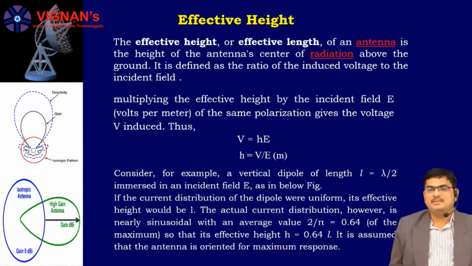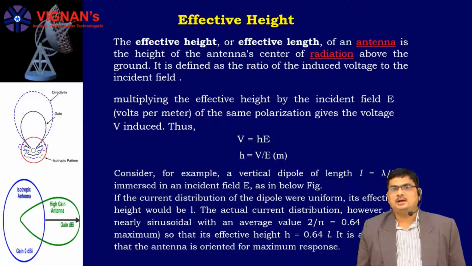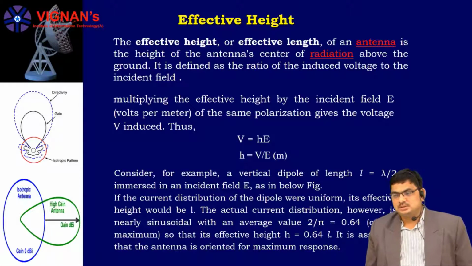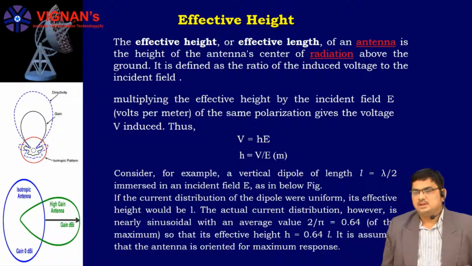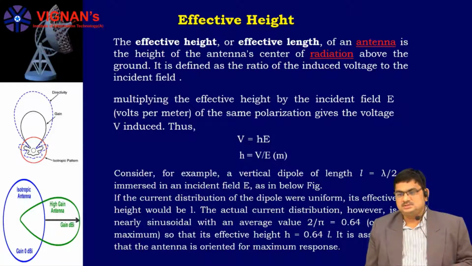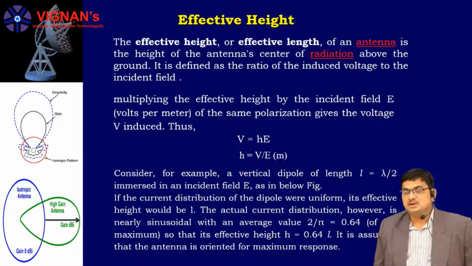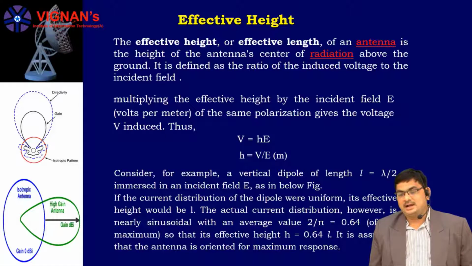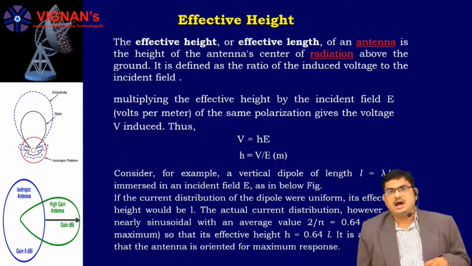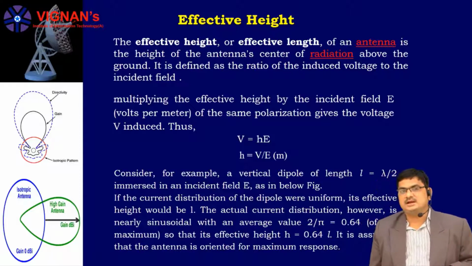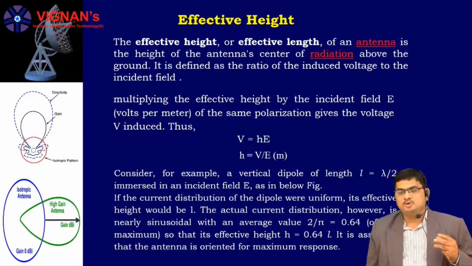Next parameter is effective height or effective length. The effective length or effective height of an antenna is the height of the antenna's center of radiation above the ground.